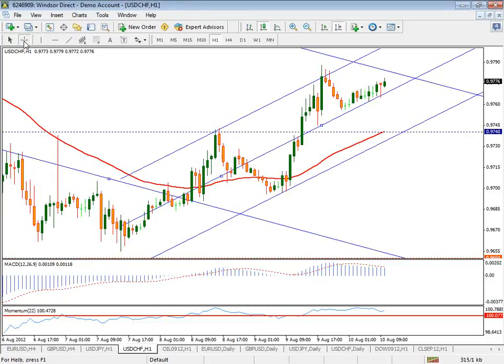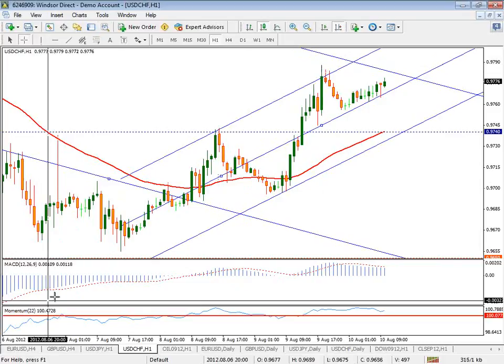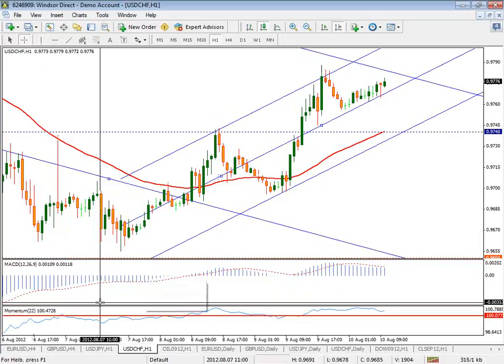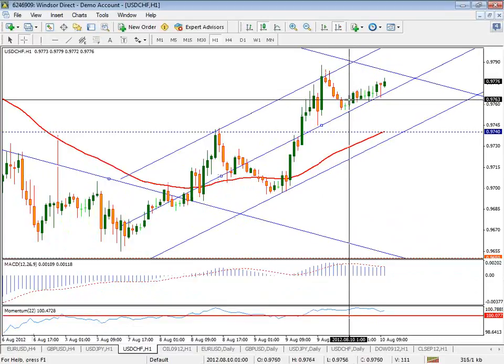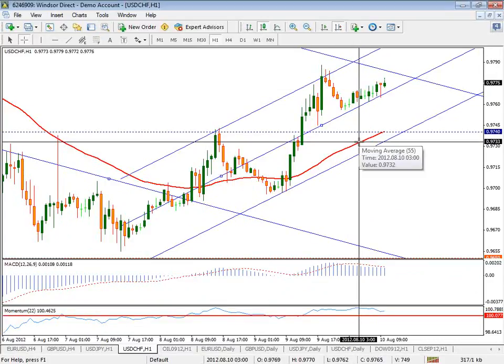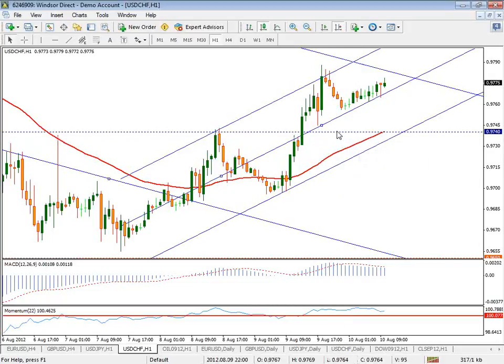And we see that most indicators are giving us an up signal. The MACD is above the 0 level. The momentum 22 is above the 100 level. Prices are trading above the exponential moving average 55 and also above the pivot point, which for today is adjusted at 97.25. So all signals are giving us a rise signal.